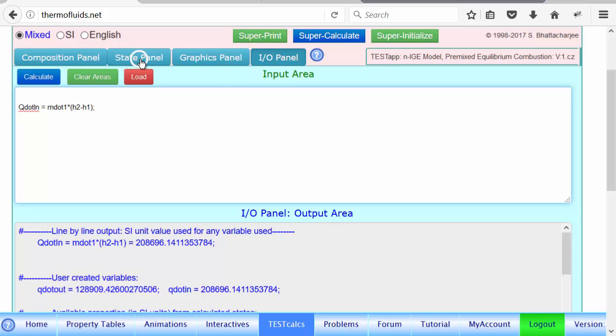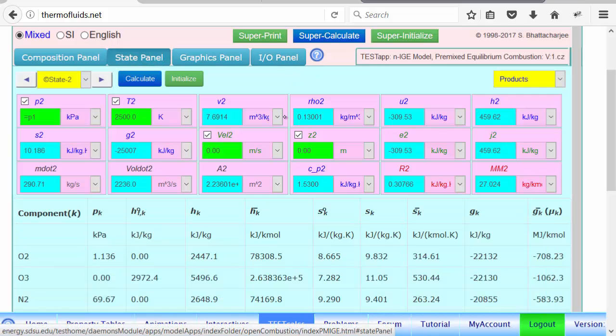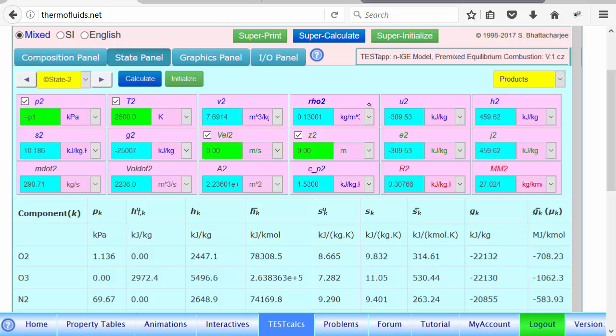We are supposed to really do H2 equals H1. That should give us the correct answer, but notice that here we don't have this ability yet. So we have to keep on guessing the exit temperature and recalculating the heat transfer. When the heat transfer is 0, we have found the adiabatic equilibrium flame temperature.